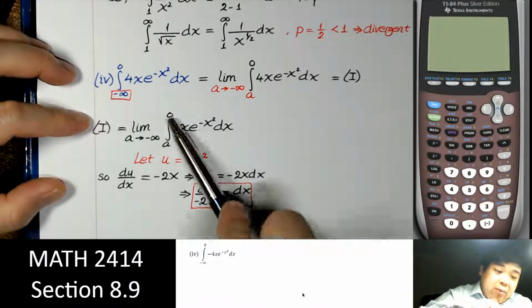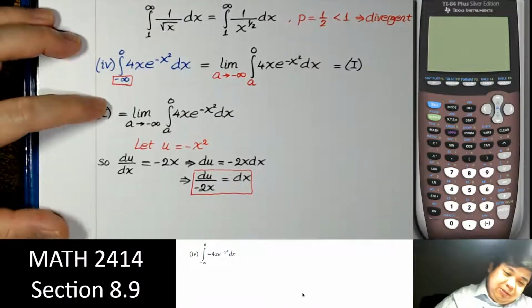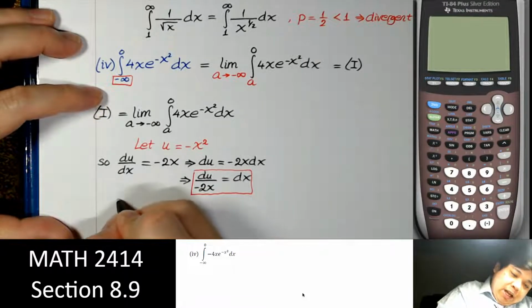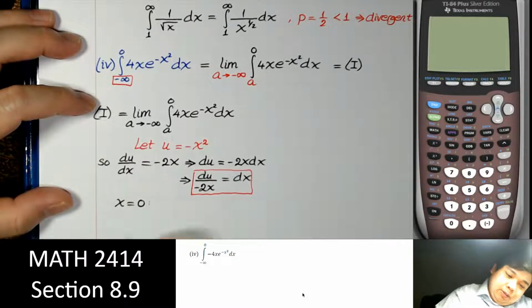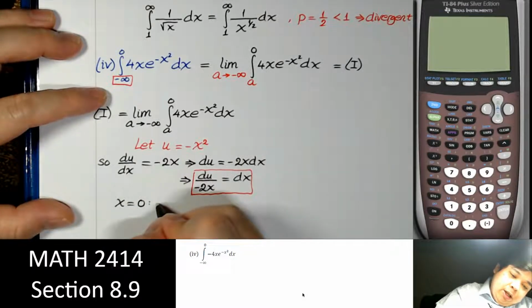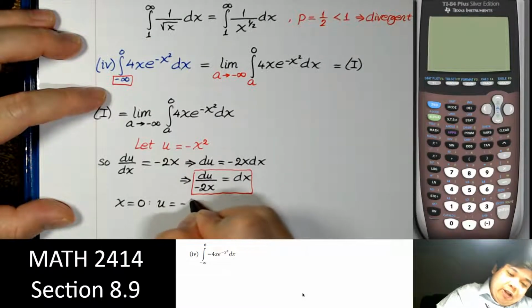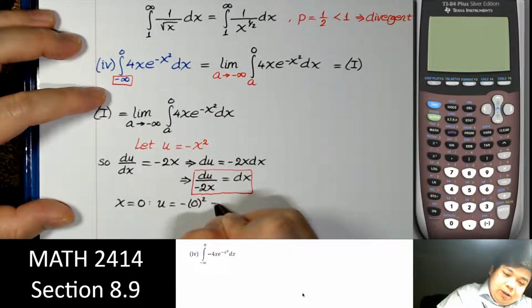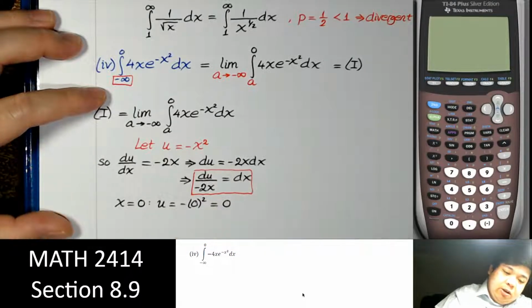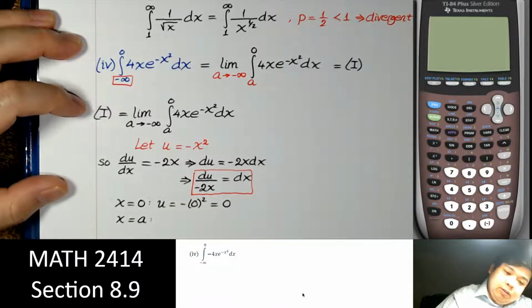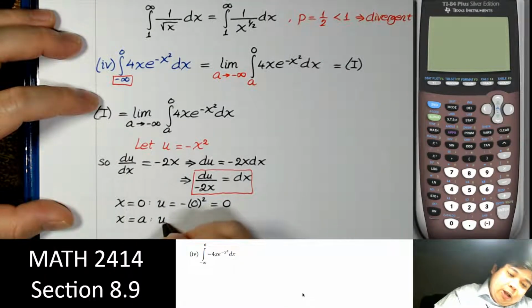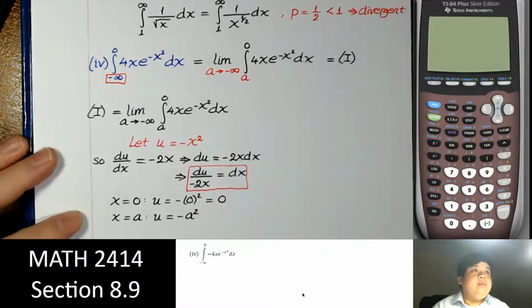Also, we have the limits. When x equals 0, u equals negative 0 squared, just 0. When x equals a, u equals negative a squared.